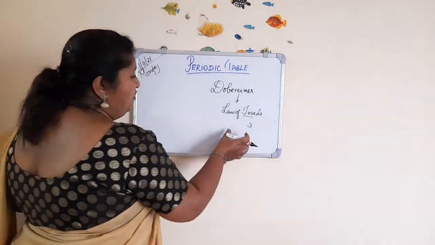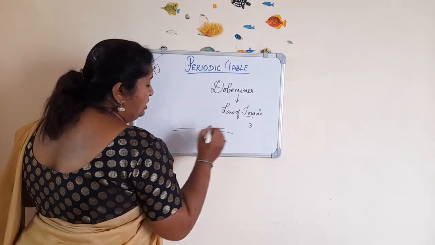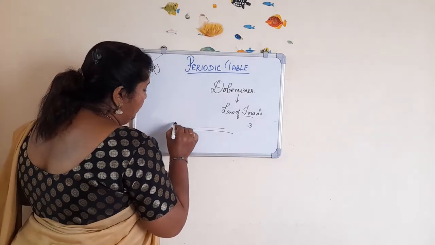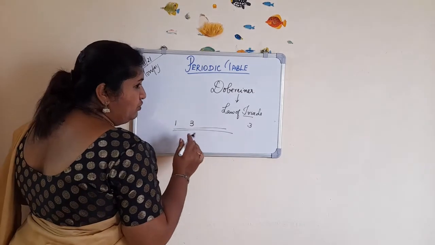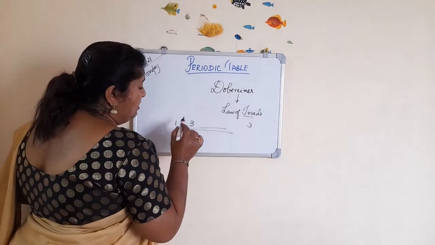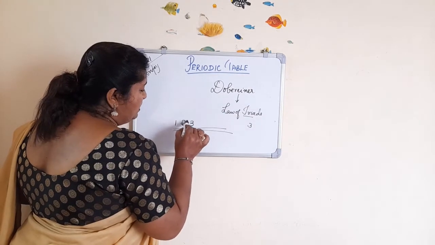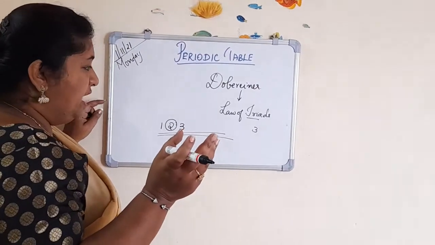So his classification was that if you are arranging the elements, when you take the arithmetic mean of the first and the third element, arithmetic mean means average, that will give you the atomic mass of the second element. Okay, so what was his classification?